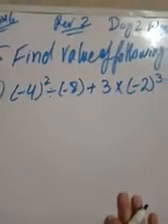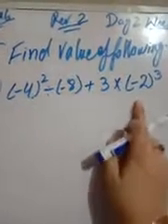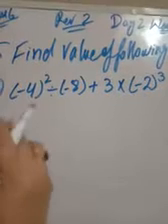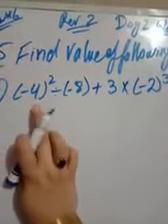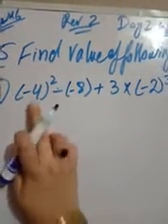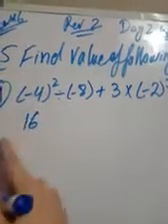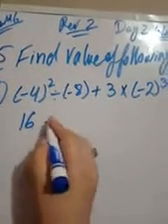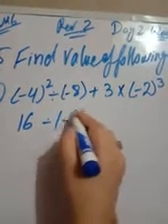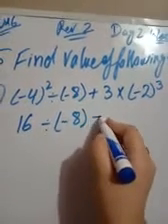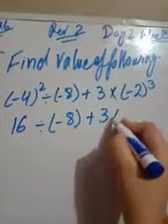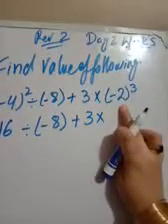First of all, we will solve the squares and the cube of the integers. As we learned, the square of every number is positive, and 4 squared is 16, and negative 4 squared is again positive 16. Division sign as it is and minus 8 written as it is, plus 3 multiplied with negative 2 cubed.